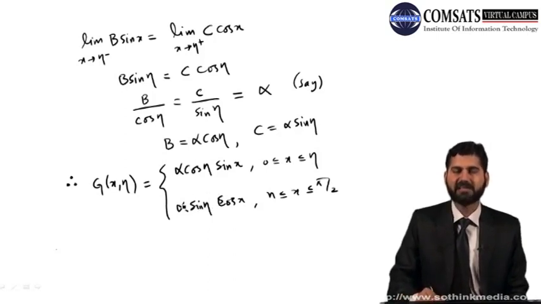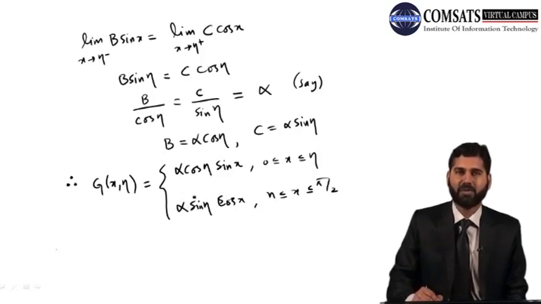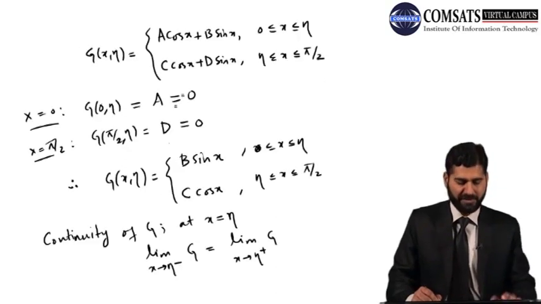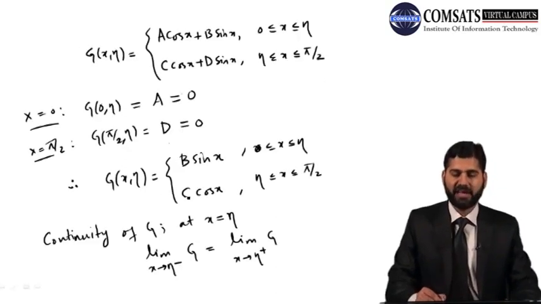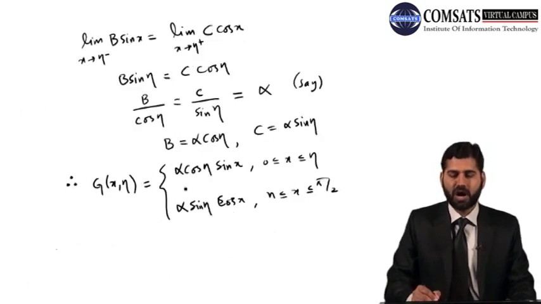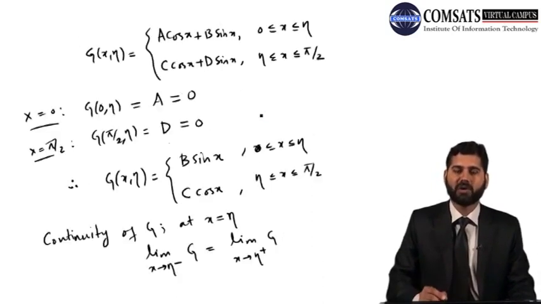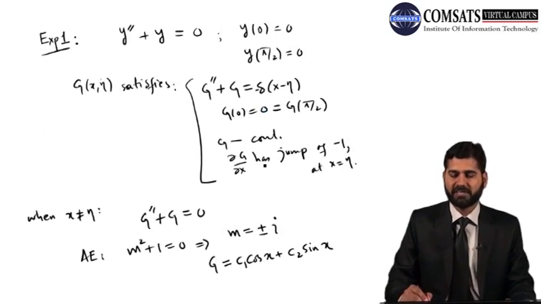Now again, alpha is still unknown here. What is alpha? We have gotten b and c reduced to alpha now. In the first conditions, I got rid of a and d, so b and c were still there. With continuity, these two unknown constants are converted to just one unknown constant alpha. But we are left with one condition, which is the jump condition.